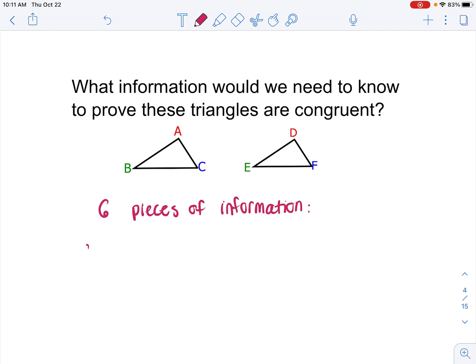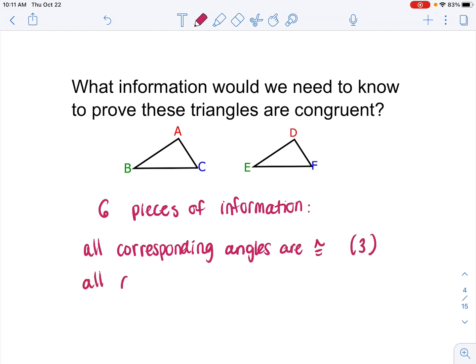We would need to show that all corresponding angles are congruent, right? So that was 3 pieces of information, and all corresponding sides are congruent. That was another 3 bits of information.